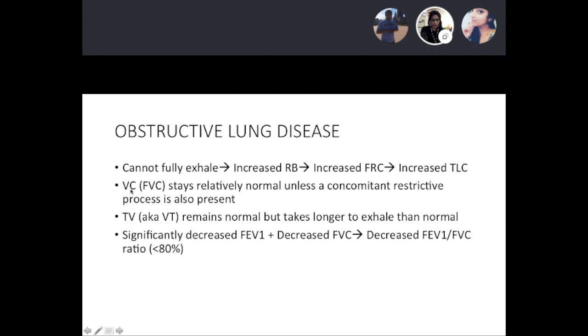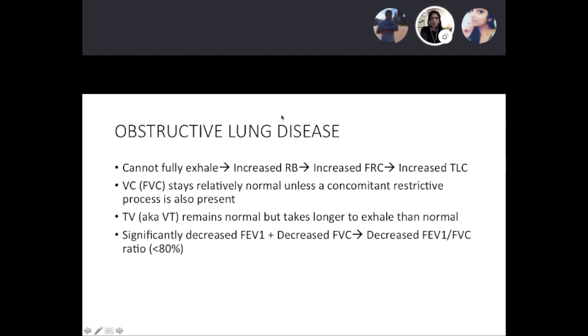Vital capacity, or the FVC, is the total of the tidal volume, the inspiratory reserve volume, and the expiratory reserve volume. It essentially tells us the maximum volume of gas that can be expired after a maximal inspiration.